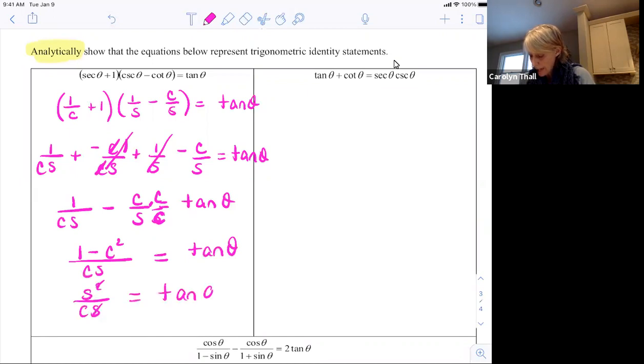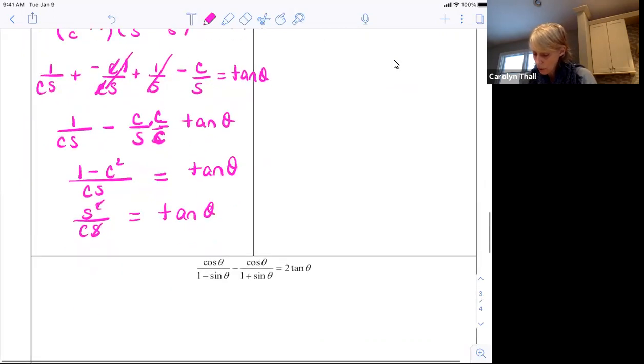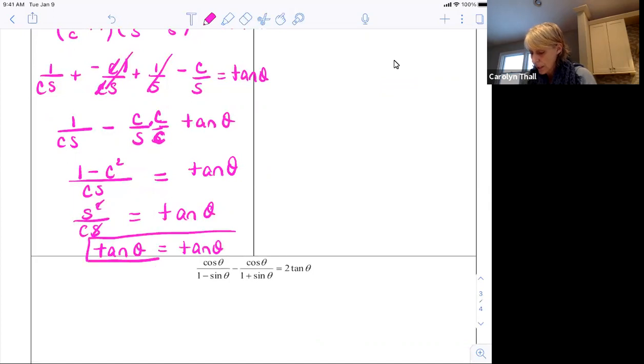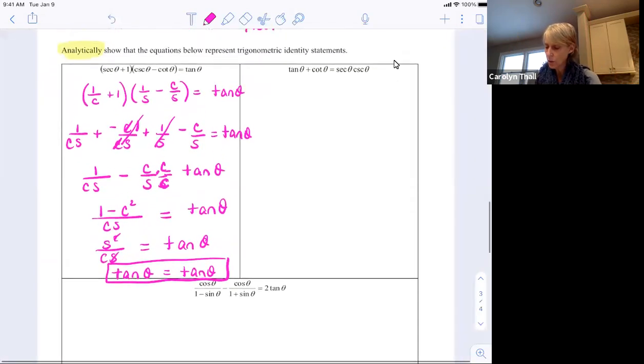And I get that sine over cosine, or tan theta, equals tan theta. So I did this one a tiny little bit differently just to show you that you could leave one side alone if you want to and get the other side to match up. Okay, so you may have to do this sometimes. That's why I'm showing you different methods to use.